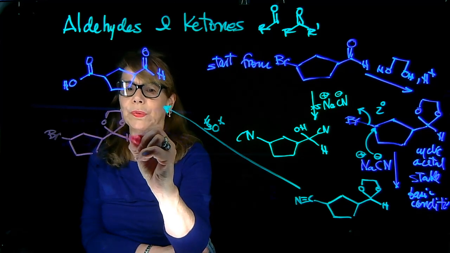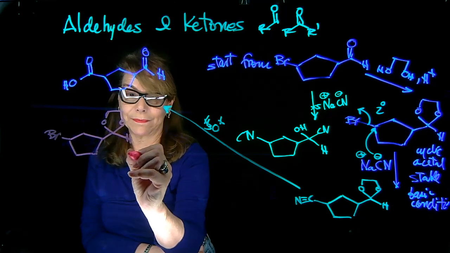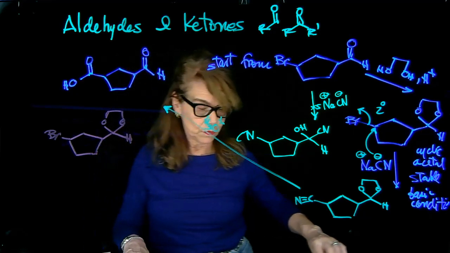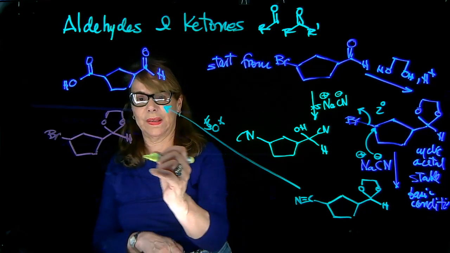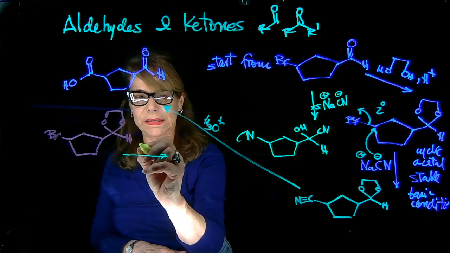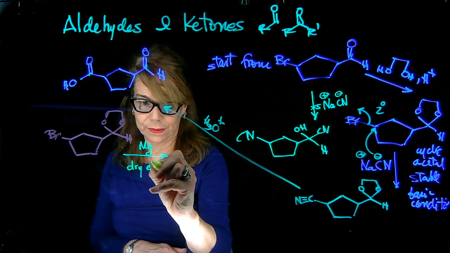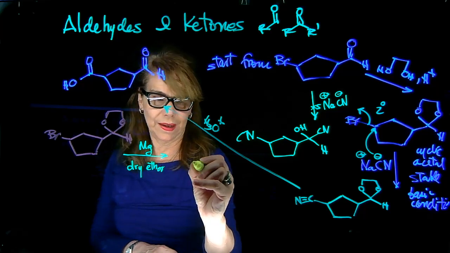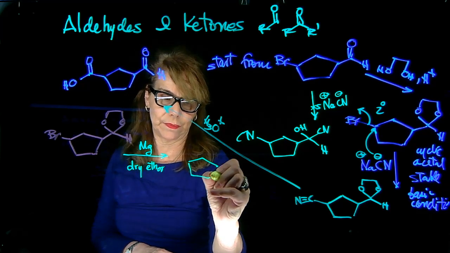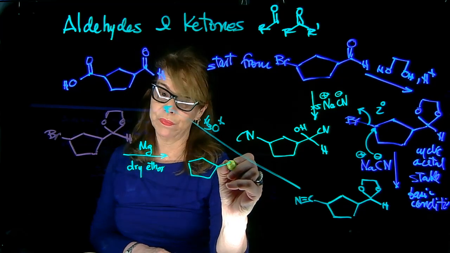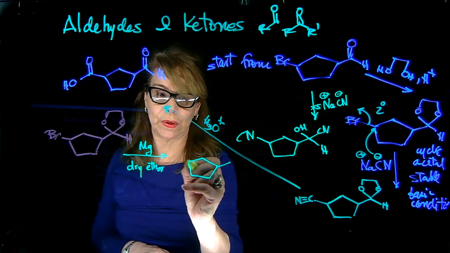And once that is protected, I can make this react with, say, magnesium, and this is dry ether, diethyl ether, and I will make a Grignard reagent. Still, these conditions are basic when I'm making Grignard.